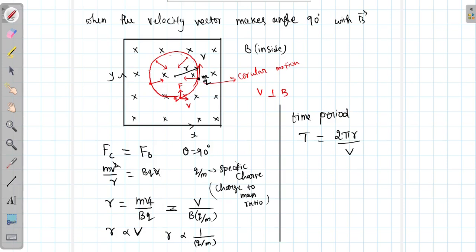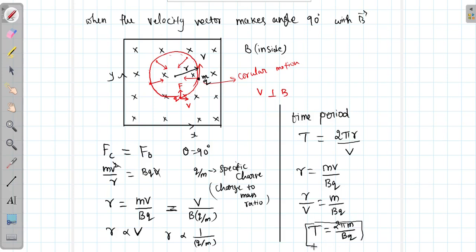Time period is 2 pi r by v, so r by v, which is equal to m by Bq, since r is equal to mv divided by Bq. Therefore, time period is equal to 2 pi m divided by Bq.